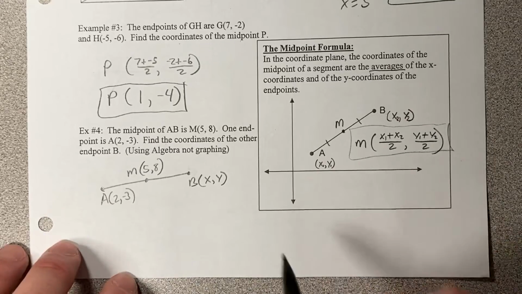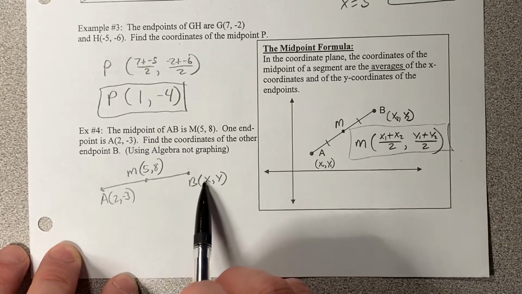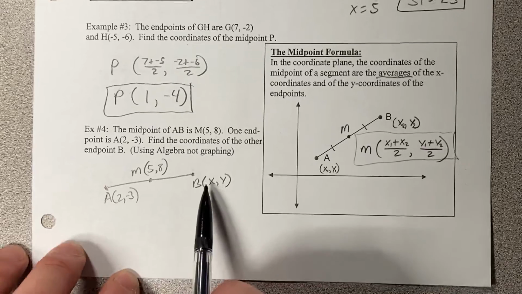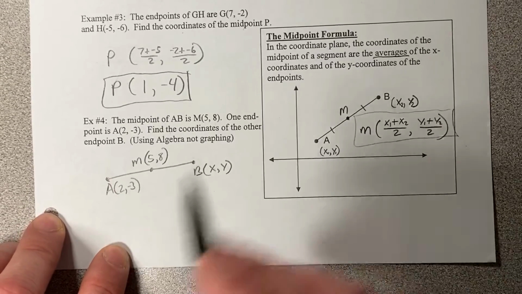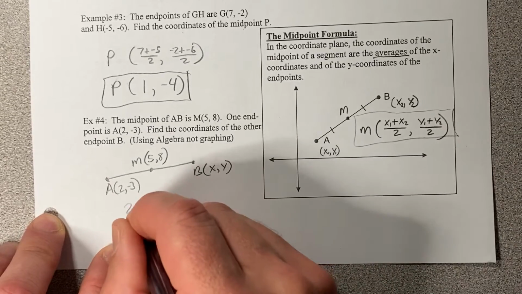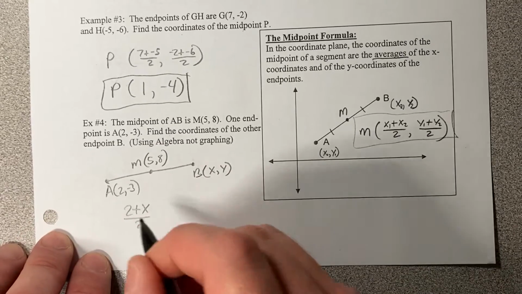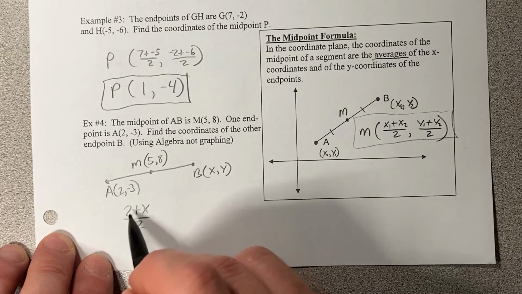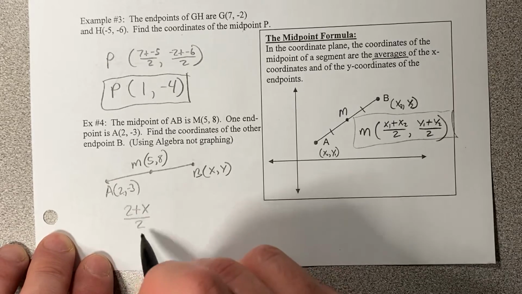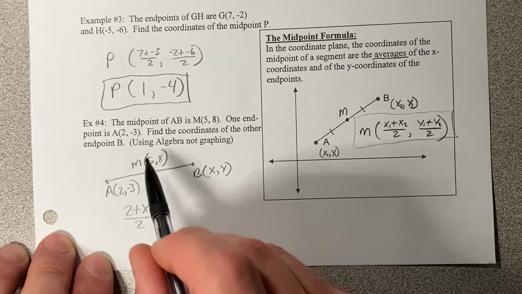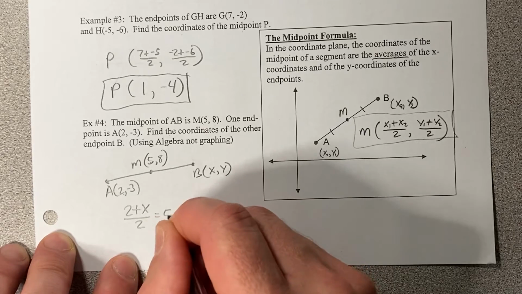The midpoint formula tells us to take an average of the x values of the endpoints. An average would be, I add them up, divide by 2. But what should I get when I add them up and divide by 2? I should get the midpoint coordinate. I should get 5.